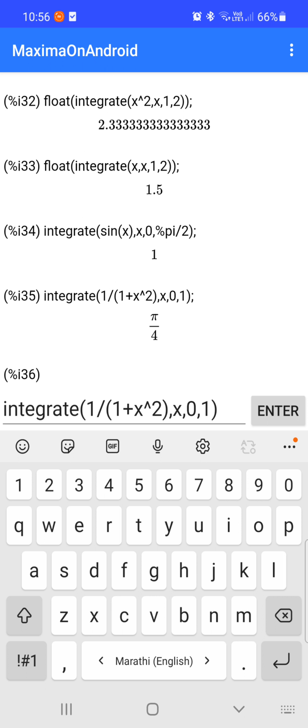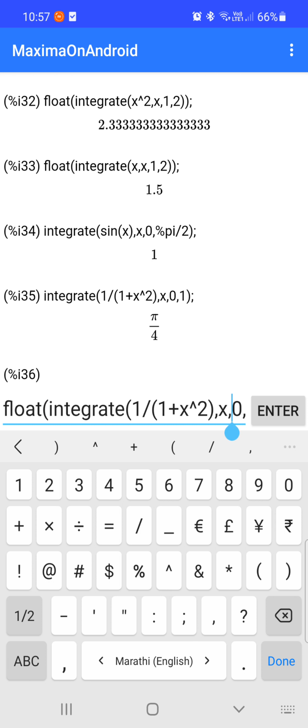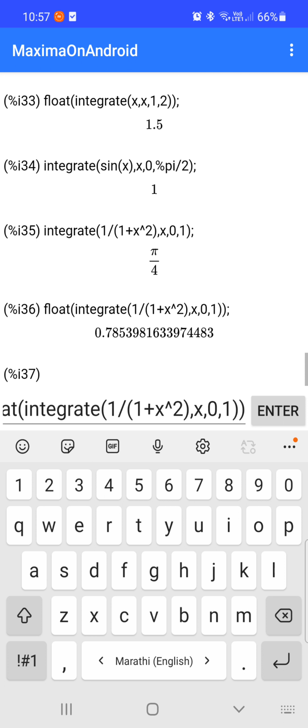So pi by 4 minus 0 is what? Pi by 4. You can convert this to a real number also, just add the command float, then this pi by 4 becomes 0.7853.